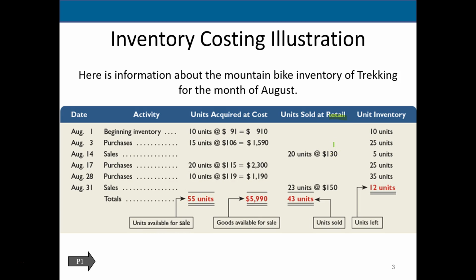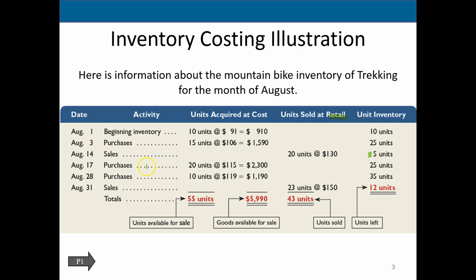When we sell the units, we're obviously going to sell them for whatever we sell them for, but we also have to think about how much they cost, meaning these 20 units cost either 91 or 106, depending on our cost flow assumption. And we know that the units are now down from 25 minus 20 to 5. The question is, how much do those units cost? They don't cost 130, that's what we sold them for. They cost either 91 or 106, depending on our cost flow.